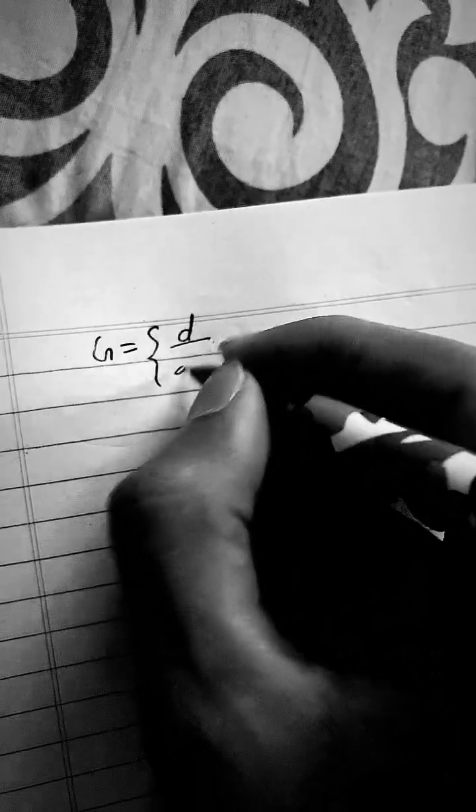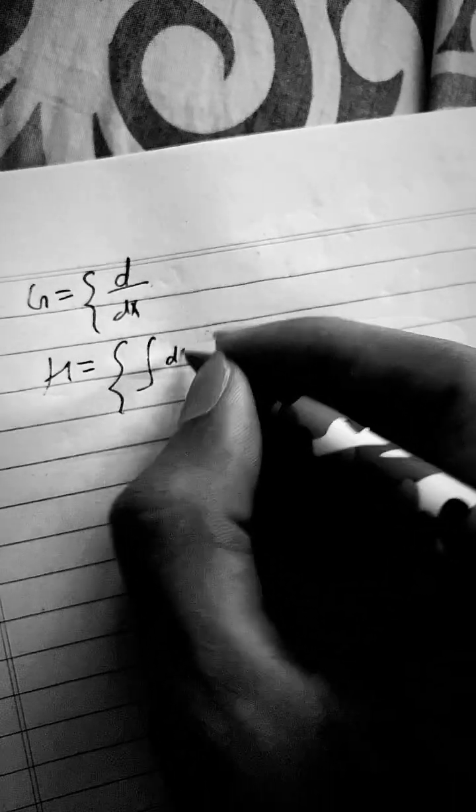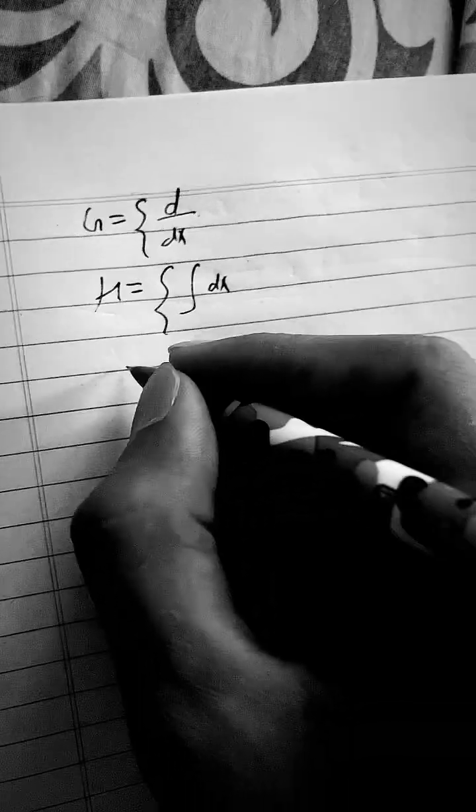I don't know if I'm making it clear. Let's make it clear now. So what we are saying is that we have set G, and this is dy dx, and we have set H, which is integration of dx, and then we have the operation which is G cross H to G, right?